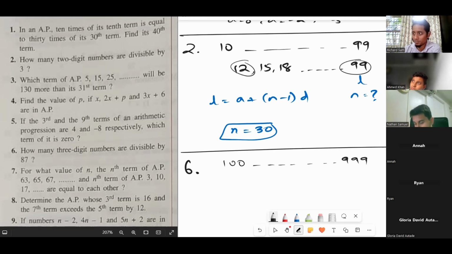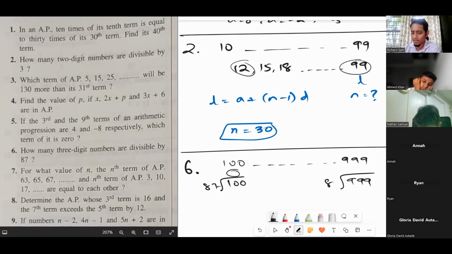How do we do that? We'll do 100 divided by 87 to get that number, and here we'll do 999 divided by 87. Here 87 ones are 87.